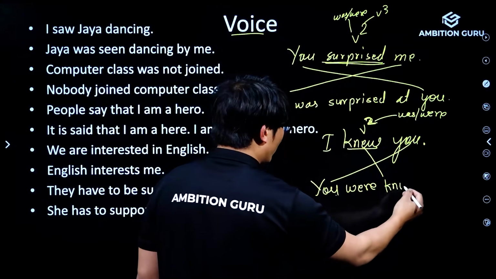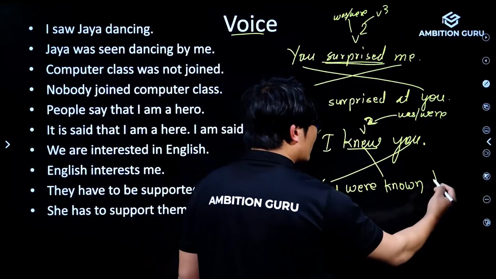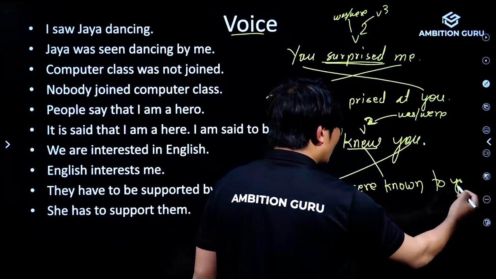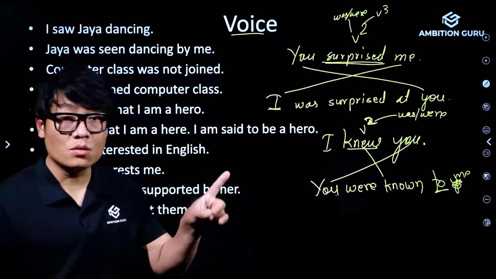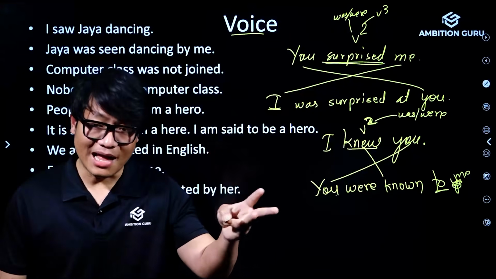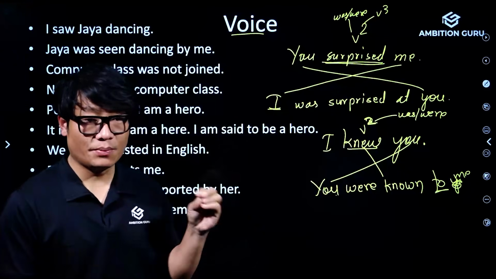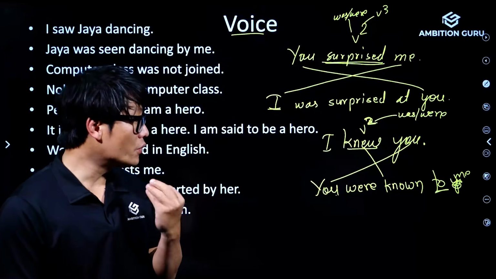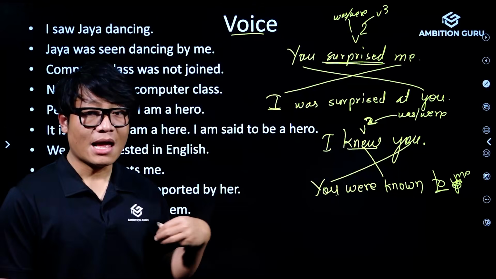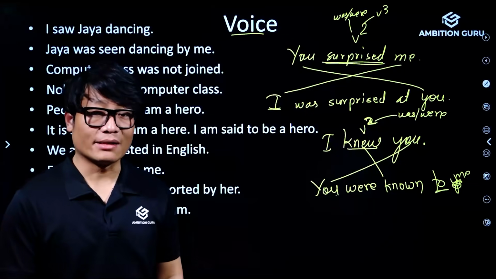It is known. You were known, and here should be to me, because know, marry, and apply take the preposition to. So I knew you becomes you were known to me. I marry you becomes you are married to me, like that.